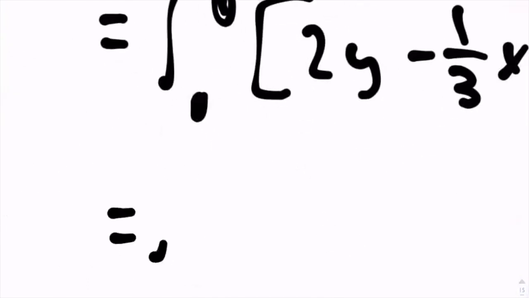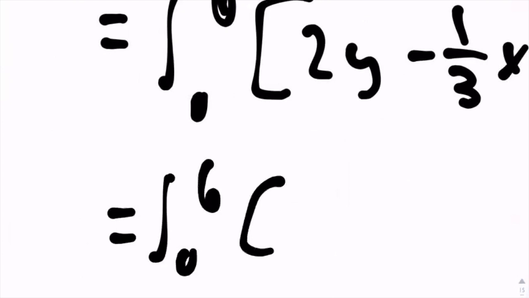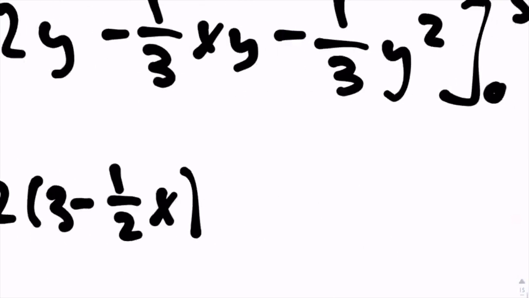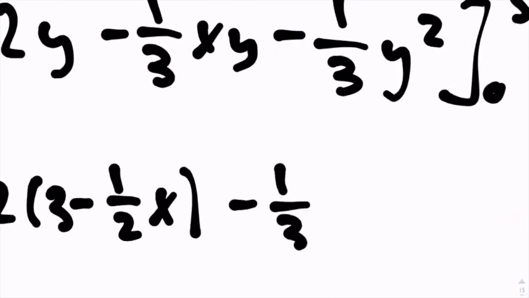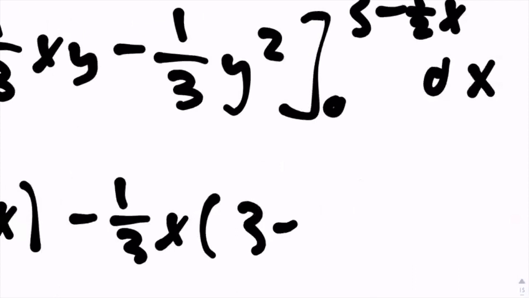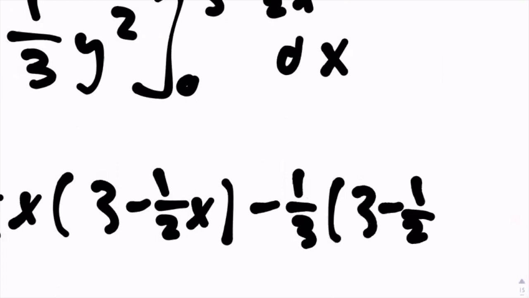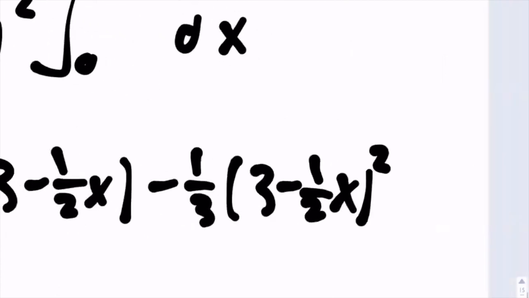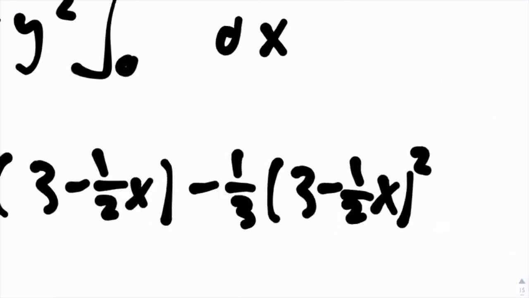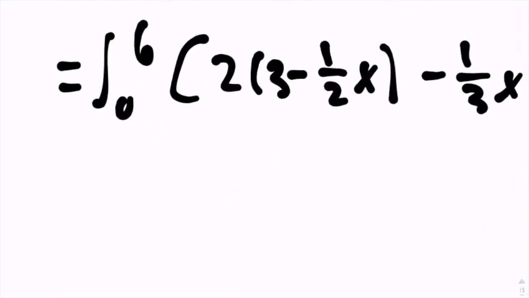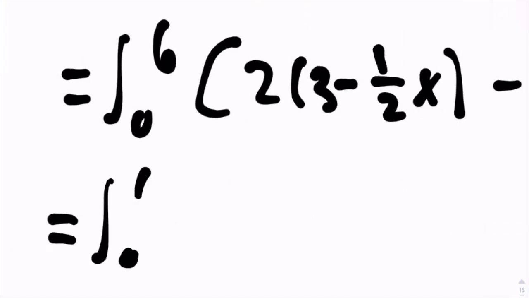All right, and simplifying that out, with 2 times 3 minus 1/2 x minus 1/3 x times 3 minus 1/2 x minus 1/3 times 3 minus 1/2 x squared dx. All we really have to do is bash those numbers out.